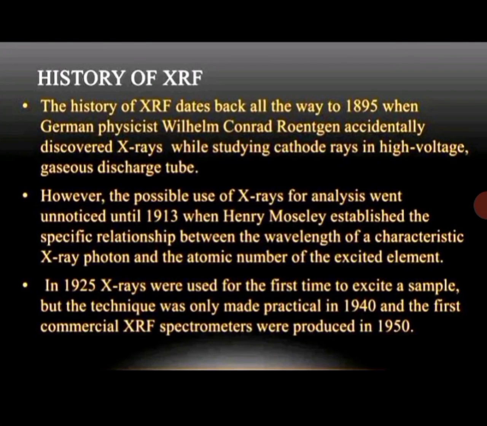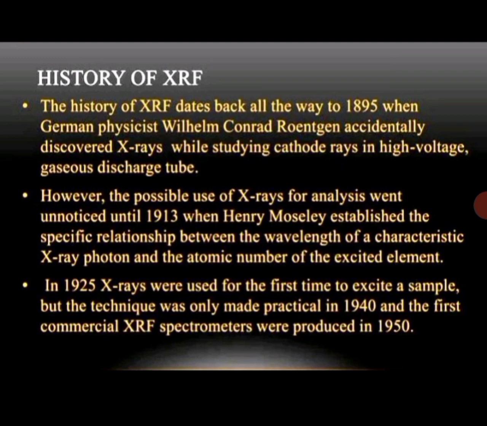Next, history of XRF. The history of XRF dates back all the way to 1895 when German physicist Wilhelm Conrad Roentgen accidentally discovered X-rays while studying cathode rays in a high voltage gaseous discharge tube.